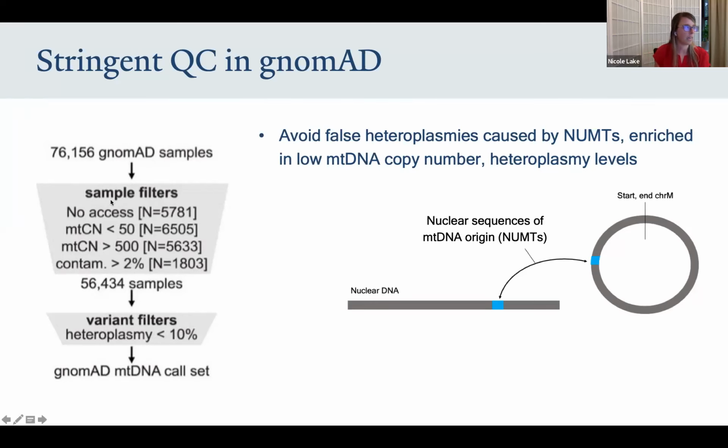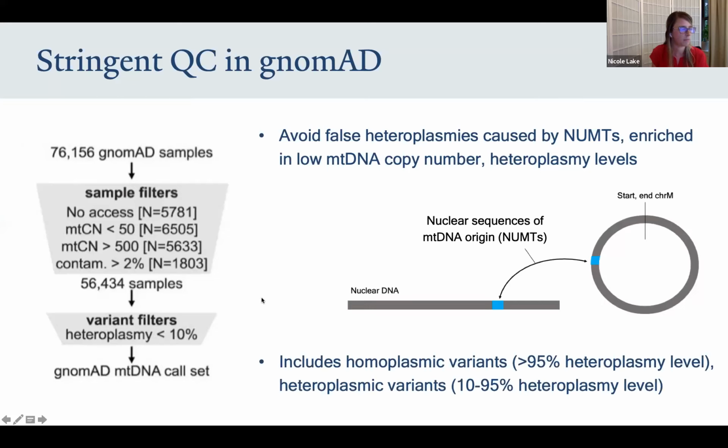And so we adapted a number of filters to minimize that. And as part of that, we were left with around 56,000 samples. And we also made a decision to only release variants that had a heteroplasmy level of above 10% as well.